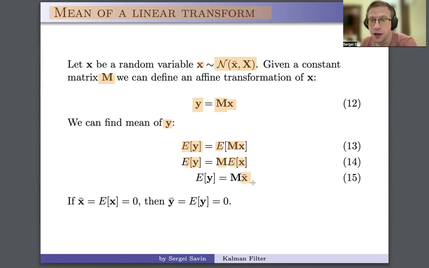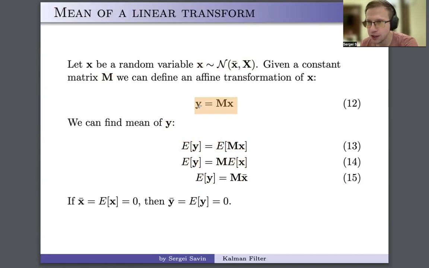And we have a relation which we can write as Y bar is equal to M times X bar. So essentially what we discovered is that a linear transformation acting on a random variable has the same structure as a linear transformation of its mean. So the mean of a variable is being transformed in the same way.